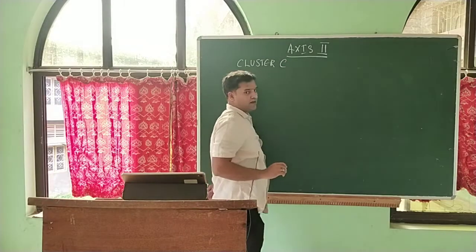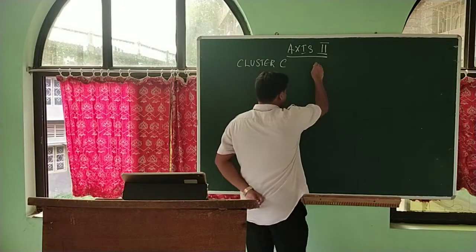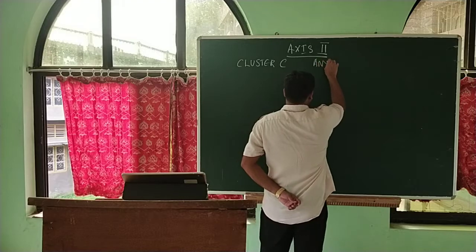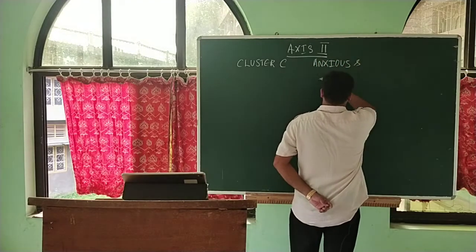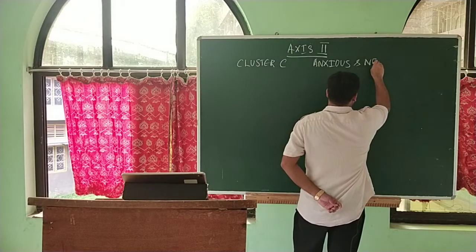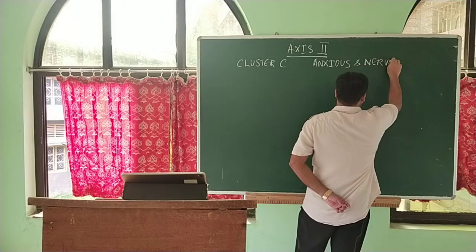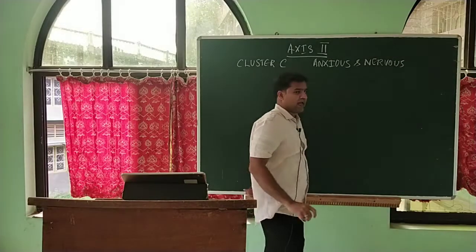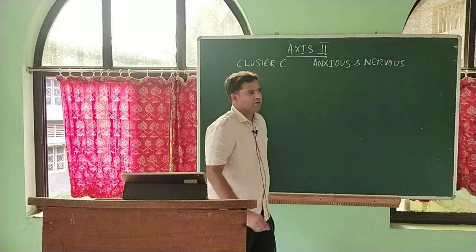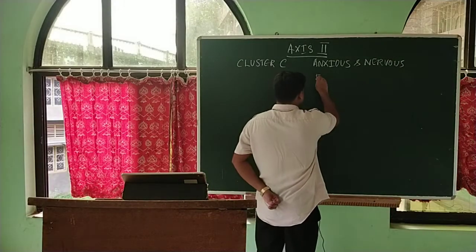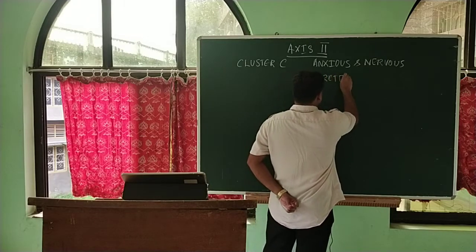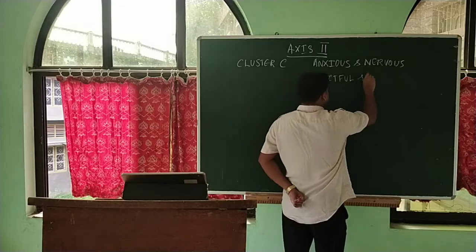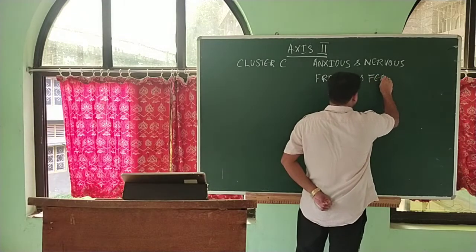This cluster is called the anxious and nervous cluster. Anxious and nervous, that is the main characteristic of this cluster. Fretful and fearful. Fretful means they are always under fear.